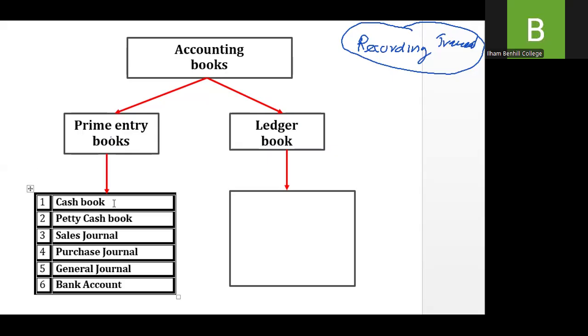When it comes to cash in your business, it is the money that you have in the form of notes and coins, 1,000 rupees, 100 rupees. Normally, you keep it in the drawer or in the locker or in the safe.